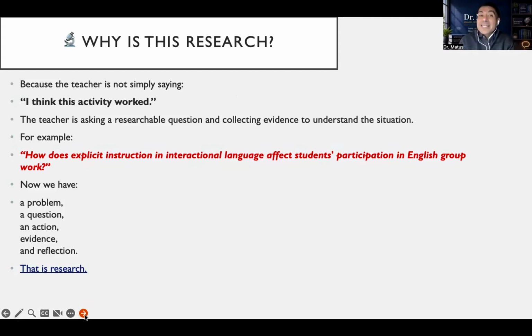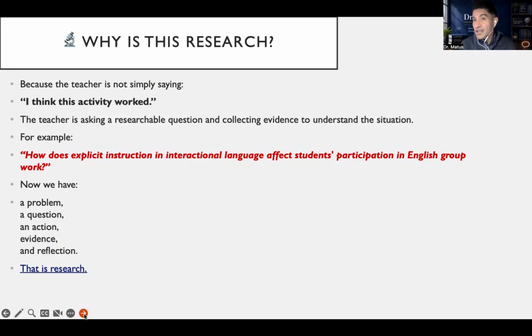The teacher is asking a researchable question and collecting evidence to understand the situation. For example, how does explicit instruction in interactional language affect students' participation in English group work? Now we have a problem, a question, an action, and evidence, and finally we can reflect on the intervention.